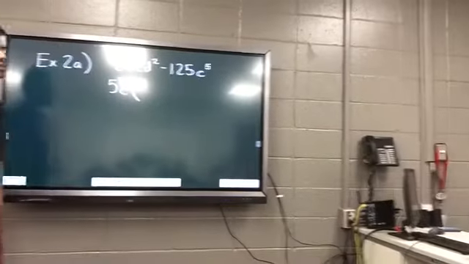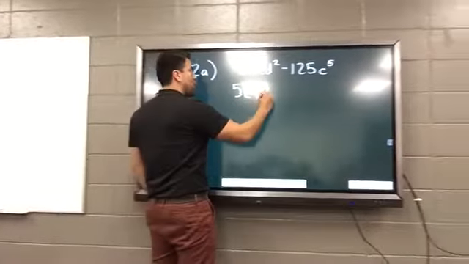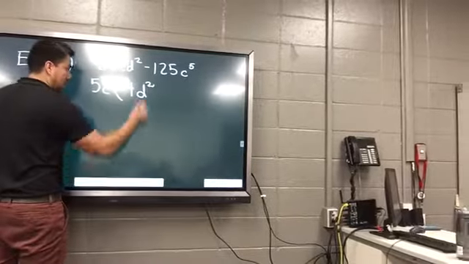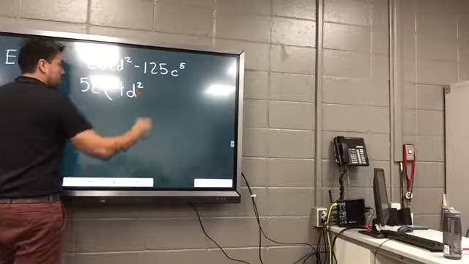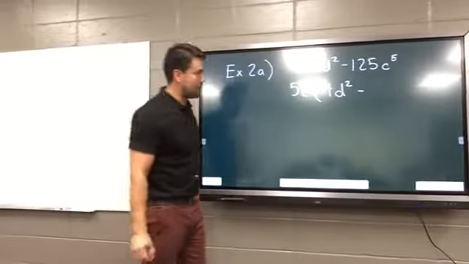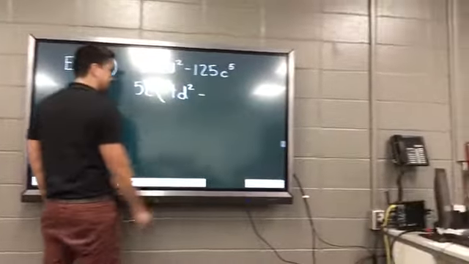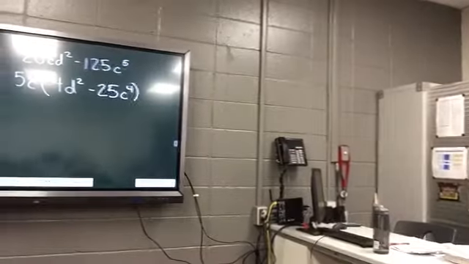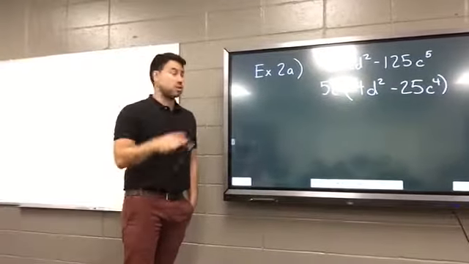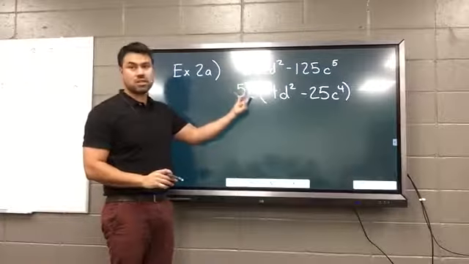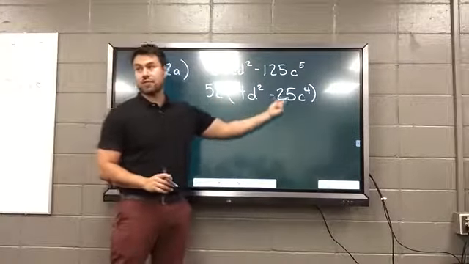Then in parentheses, you're going to be left with 4d squared, because the c went away. Rewrite that. And on the other term, 5c times what gives me negative 125c to the 5th? 25c to the 4th. That's important because if you don't get the exponent correct, you can't factor it out anymore.